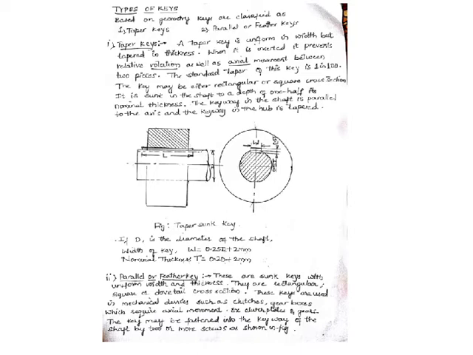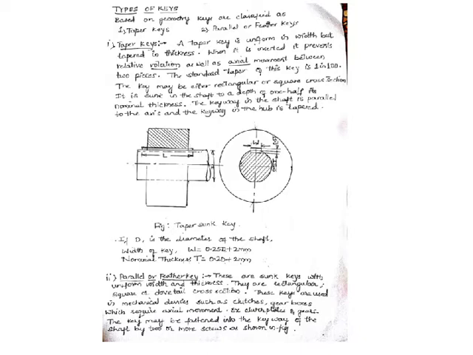If T is the thickness of the key, then 0.5 T will be in the shaft and the remaining 0.5 T will be inside the hub. This is the 2D drawing, the front view and the side view of a taper sunk key.